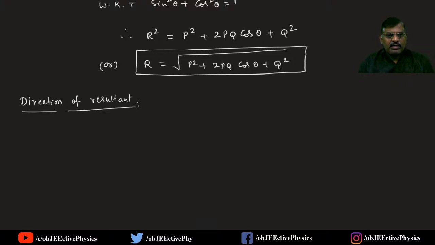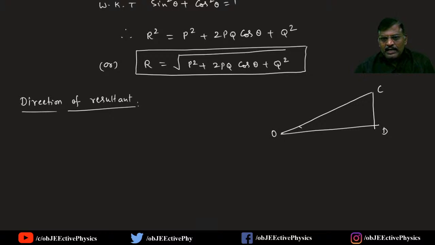Direction of the resultant of the two vectors. To know the direction, in the above diagram, in triangle OCD, let us assume that alpha is the angle between P bar and the resultant of the two vectors.